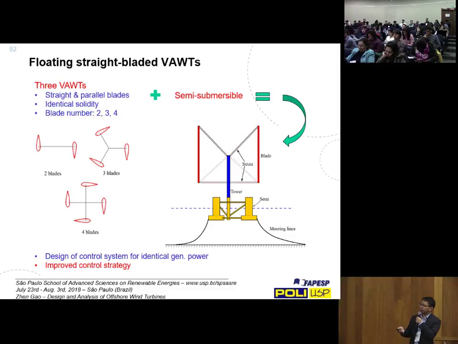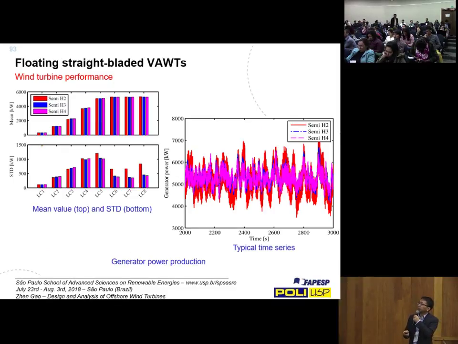And then we use the improved control strategy we just mentioned. Here we look at some of the results in terms of power, and here is the mean value of the power. So they basically give the same mean value. And when you reach the rated wind speed, it's 5 megawatts.